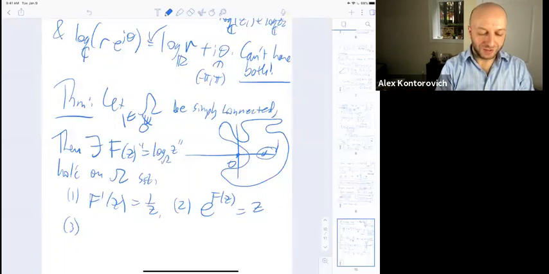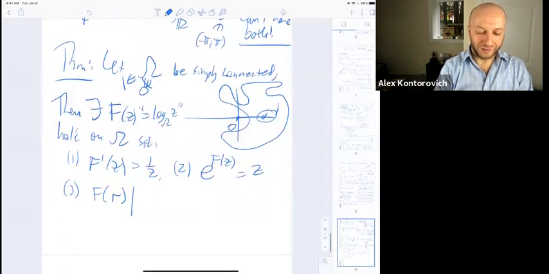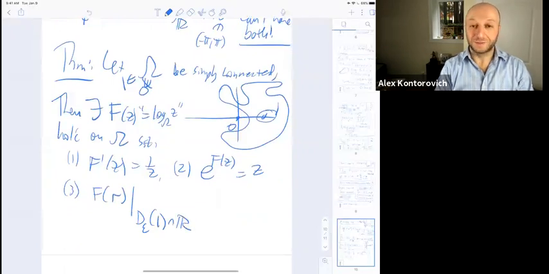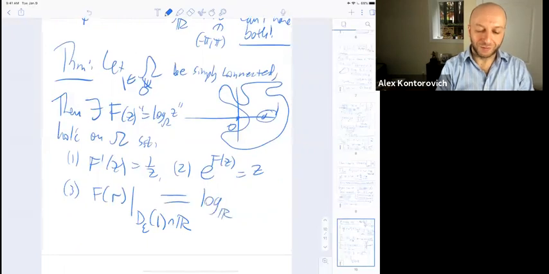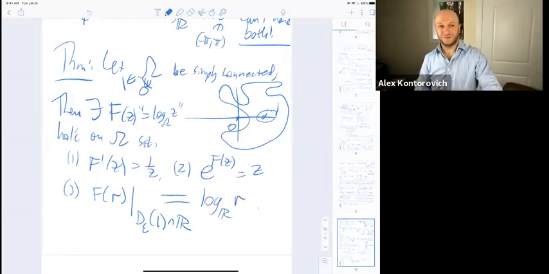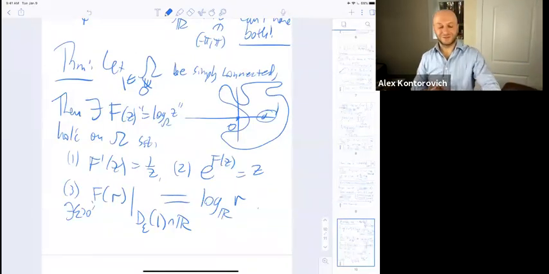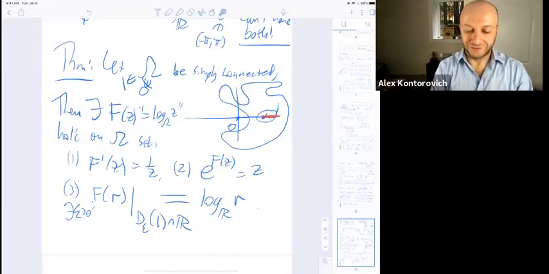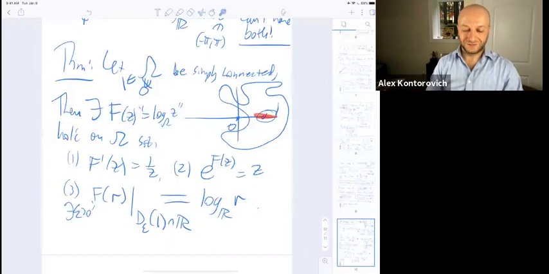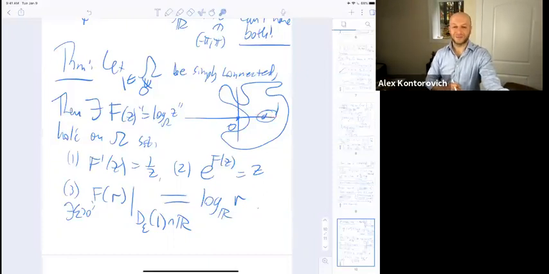So if you take f of r, where I'm looking on the disk of radius epsilon around 1, intersect the real line, this will be the usual real logarithm of r. So there exists an epsilon such that, in a neighborhood of 1, you get the real logarithm back.